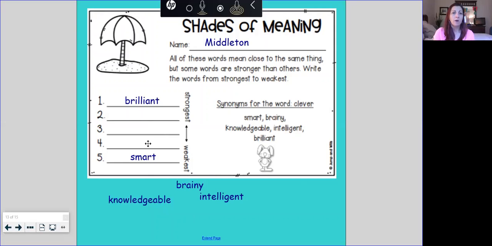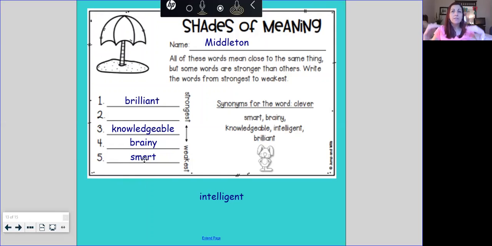Right above smart, I think I'm going to use this word brainy. So you could be smart, you could be brainy, knowledgeable. You know a lot. Just because you know a lot doesn't mean that you're really smart. Really smart and clever means that you're also able to figure some things out. So I'm going to put knowledgeable right here in the middle.